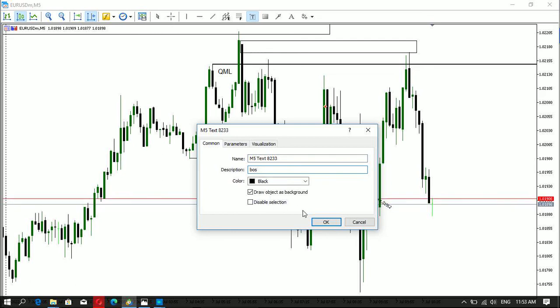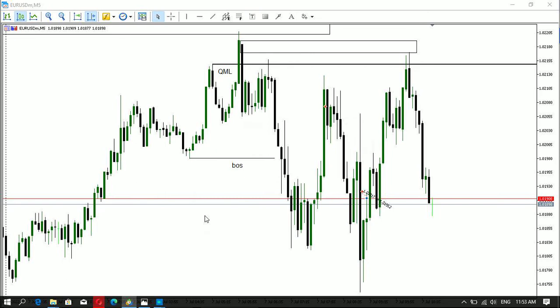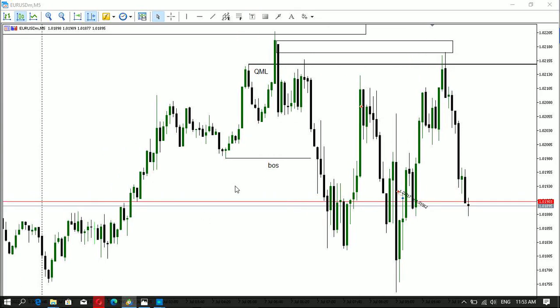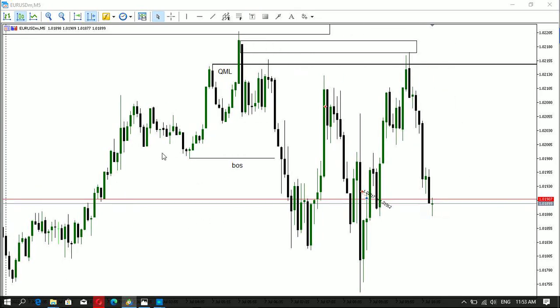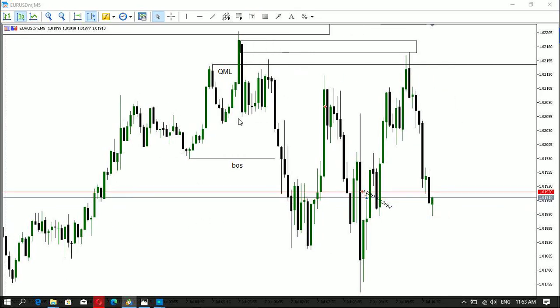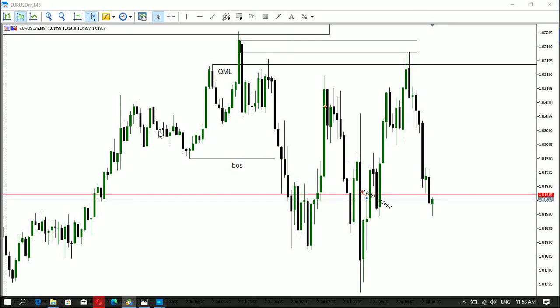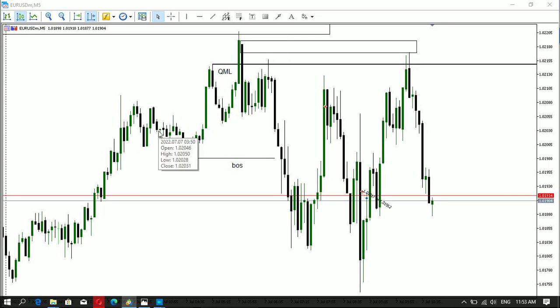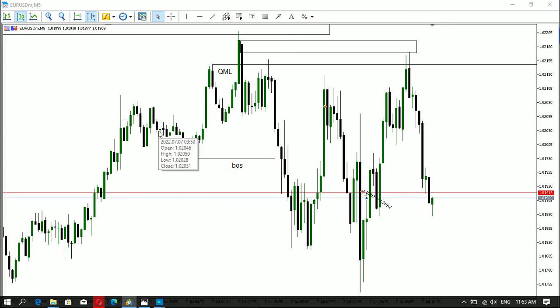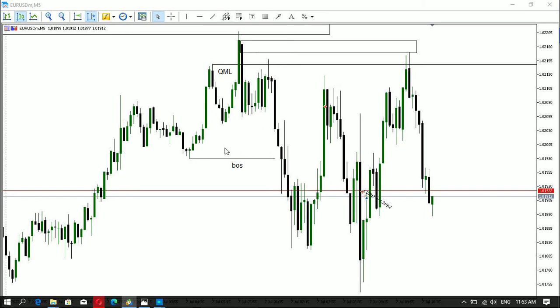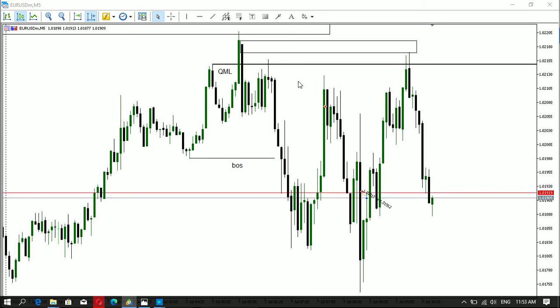Like I said, not everybody is good with low time frame analysis. You understand? So, like I said, once you're advanced in smart money concept, you can do your analysis on lower time frame and you can scalp a little profit off of that.